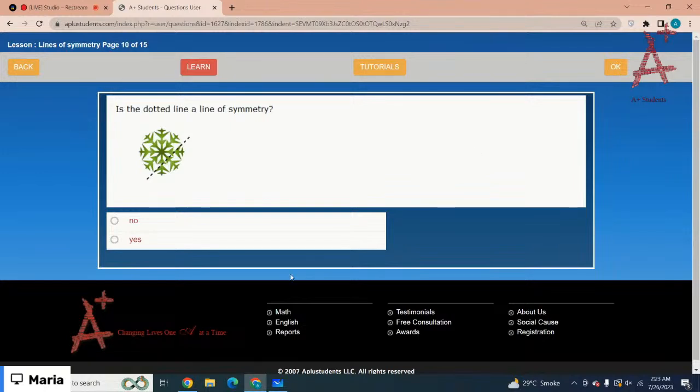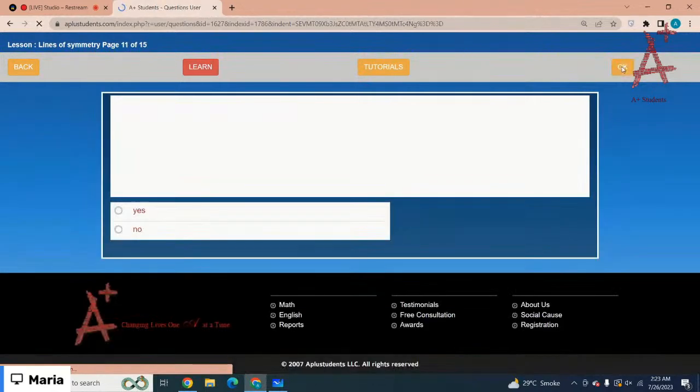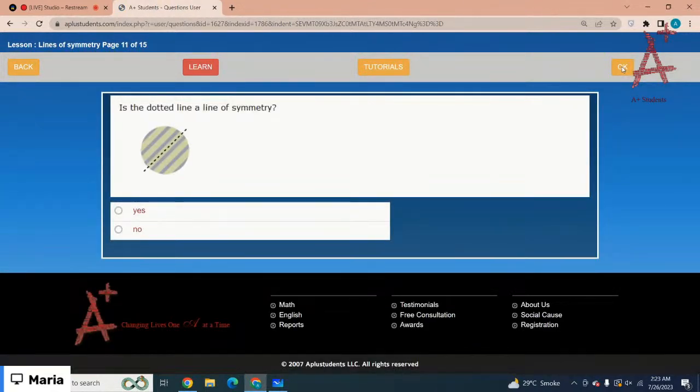The correct option is no. Is the dotted line a line of symmetry? The correct option is yes. The dotted line is a line of symmetry.